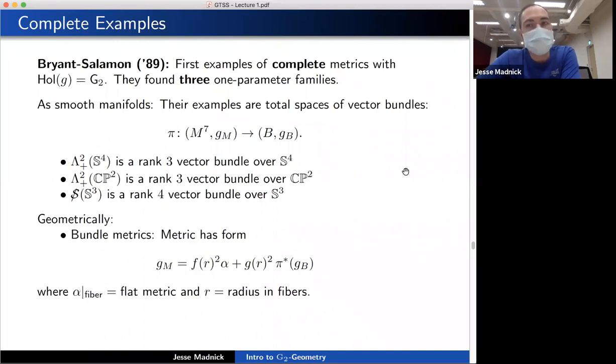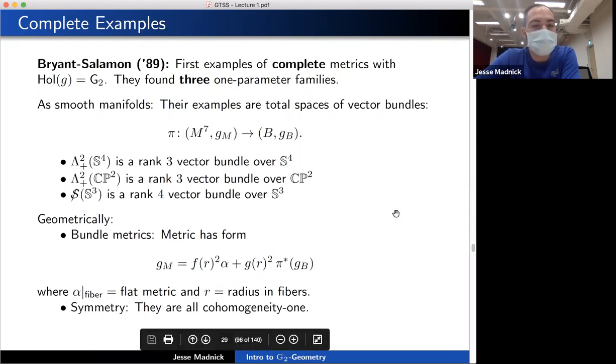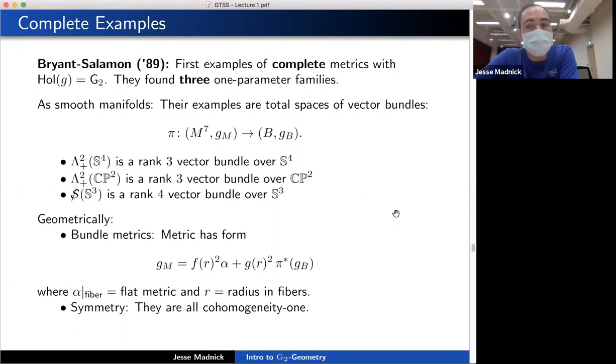And geometrically, you can build these things by imposing some geometric ansatz. You can require that the metric be a bundle metric, so it's of this form. Here, alpha restricts to the fibers to be the flat metric, and R is just the radius in the fibers. And essentially, by construction, these metrics are cohomogeneity 1 under an appropriate group action.